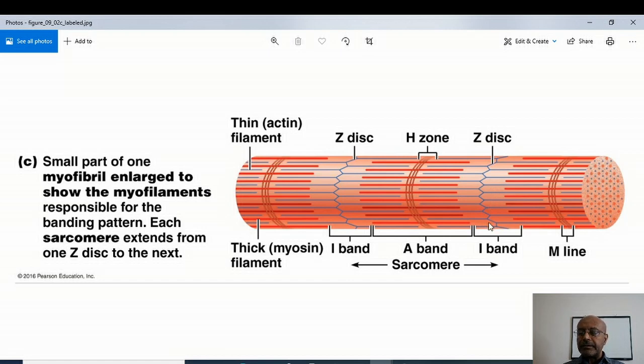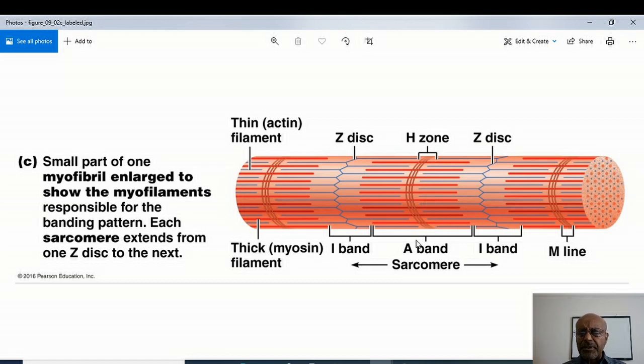Everywhere you see the lighter part, where thick filaments are absent and only thin filaments are visible with the Z disc or Z line, is known as the I band. Whereas where you see the thick filaments or the overlap is known as the A band.